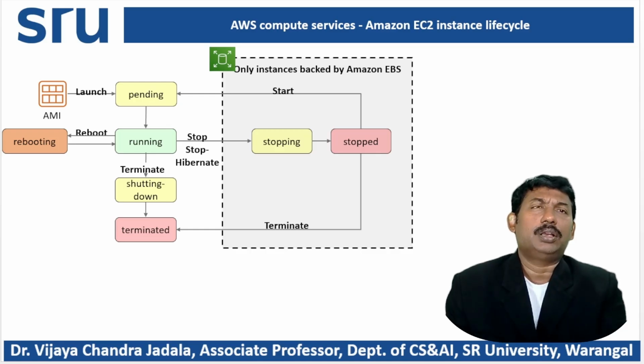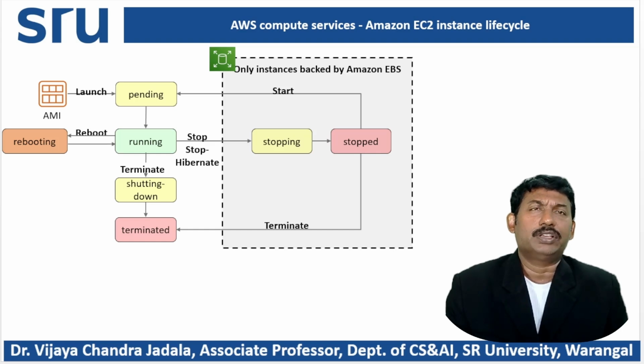Then comes shutting down. Once your work is completed, as the EC2 instance works in the background, if you don't shut it down, terminate it or delete it, your bill will continue. The meter of billing will continue.